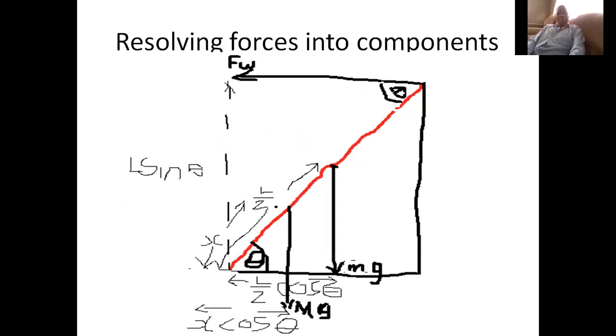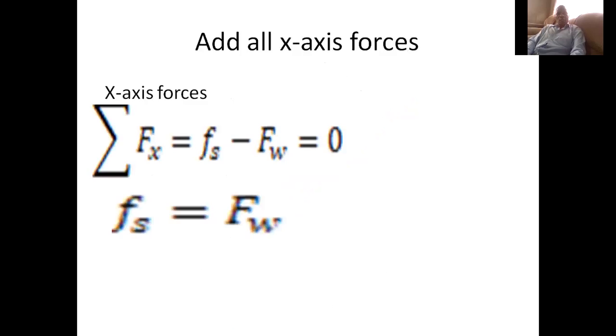For a static equilibrium system, the basic concept is that all the forces which are adding up in the x-axis should add up to 0. So this is what we have done here. We have said all the forces in the x-axis should add up to 0.